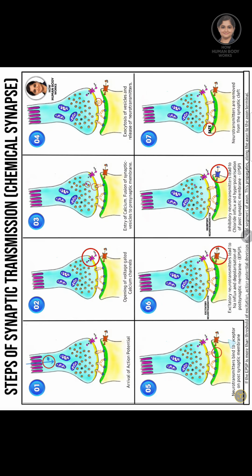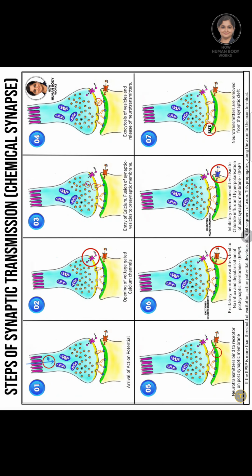See, if the neurotransmitter which was released is an excitatory neurotransmitter, then it leads to opening of voltage-gated sodium channels and sodium influx, depolarization of the postsynaptic membrane, and development of EPSP or excitatory postsynaptic potential.